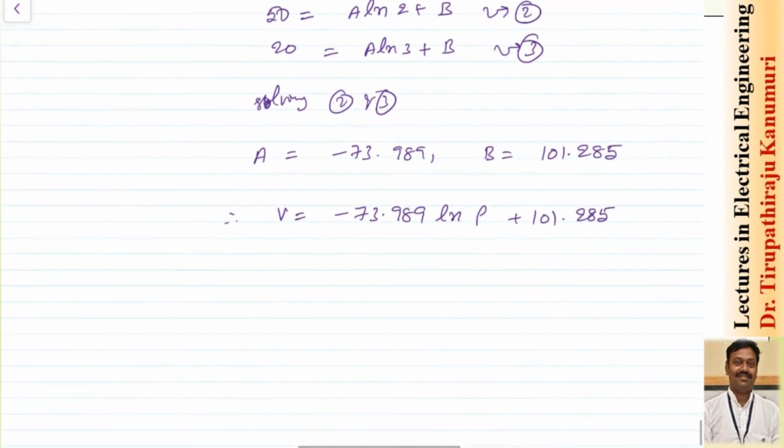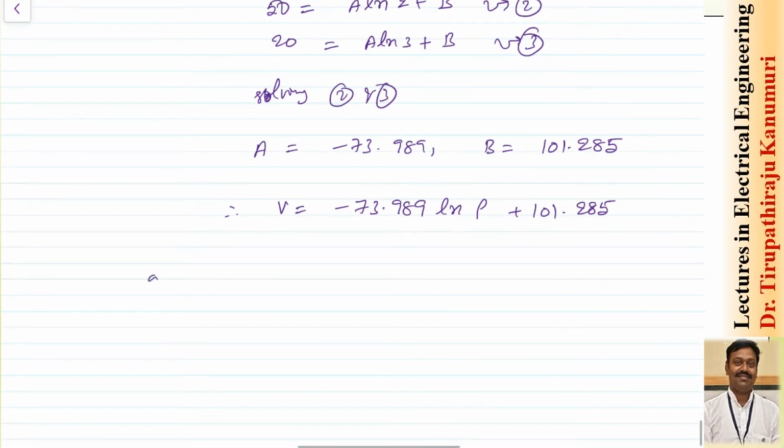It is asked to find the potential at the point (2, 1, 3). We can calculate the value of rho, because rho is the radius, the square root of x square plus y square. The x component is 2 and the y component is 1.